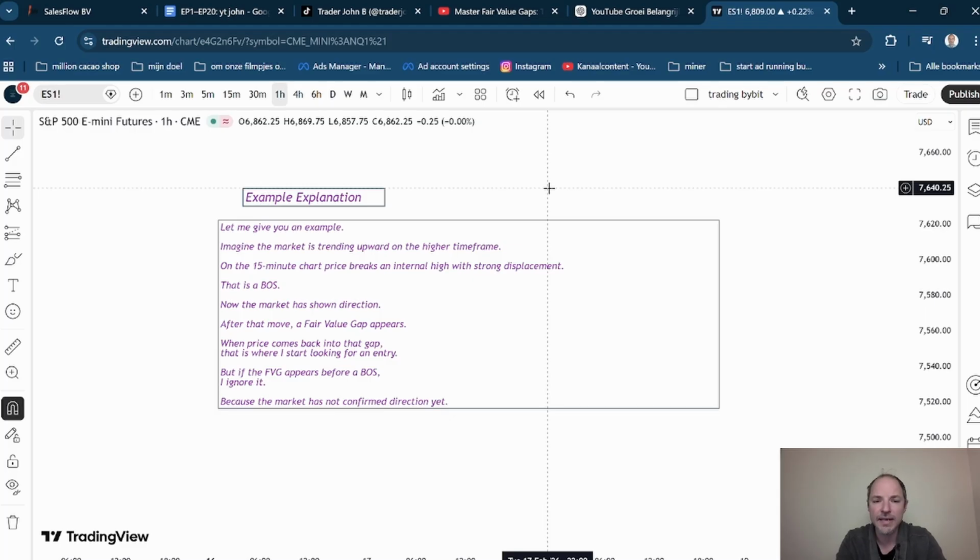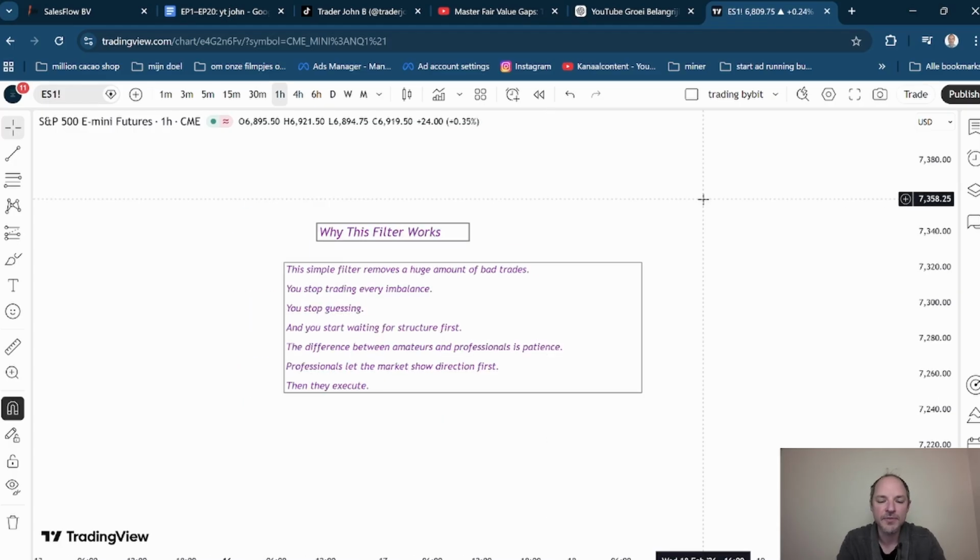When price comes back into that gap, that is where I start looking for my entry. But if the fair value gap appears before a break of structure, I do not use it, because the market has not yet confirmed that the direction is continuing. This simple filter removes a lot of trades that you should not take. You stop trading every imbalance that you see.